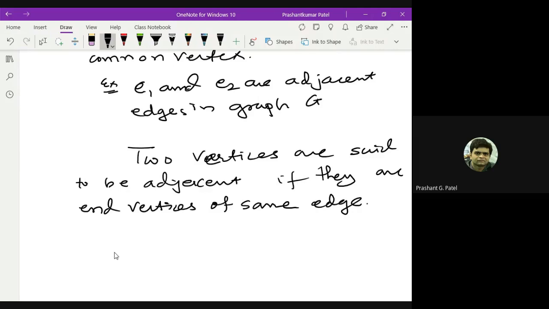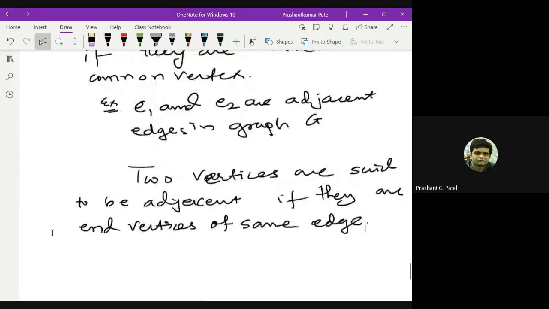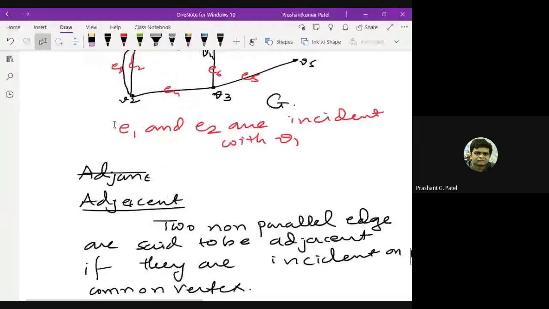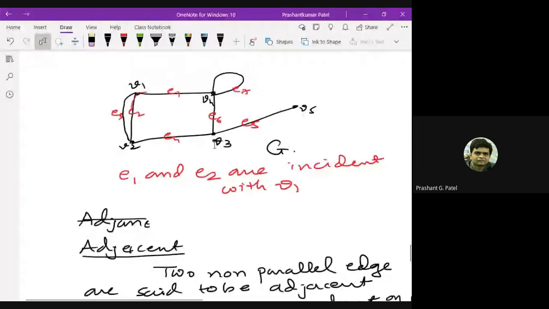For example, here I can say that V2 and V3 are adjacent because they are the ends of E4. But I cannot say that V2 and V4 are adjacent.